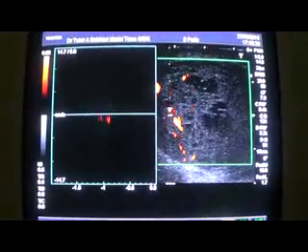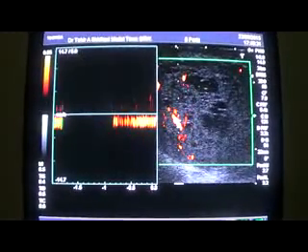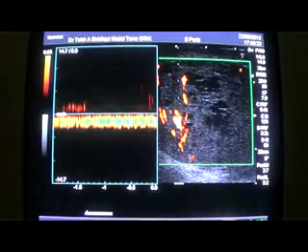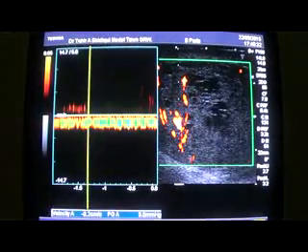The equipment that I have is not that powerful, but anyway, this is the venous supply.